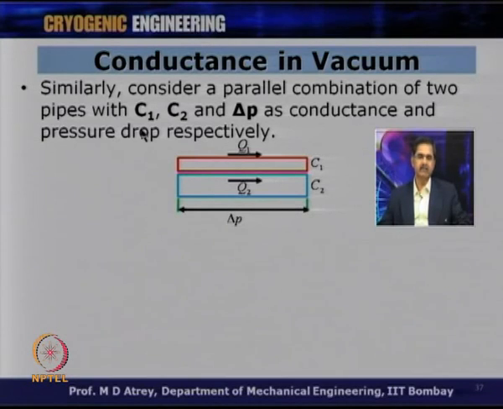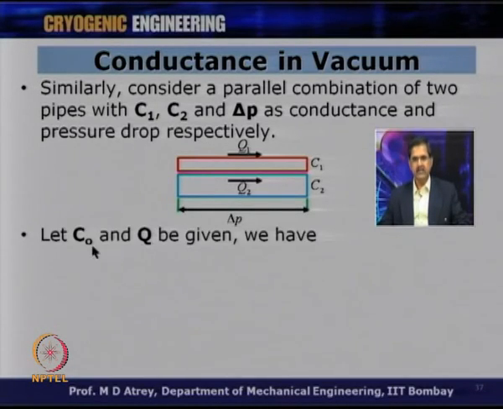This was not the case when they are connected in series. So, let C0 and Q be given, and then we have delta P be the same. We know that Q is equal to C0 delta P, which is the overall Q, and we know that Q is equal to Q1 plus Q2 also, because Q comes in here and Q goes out from here.